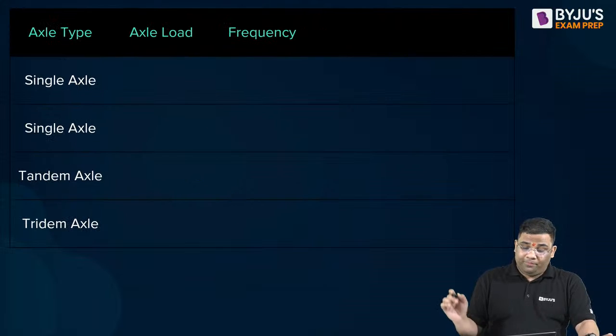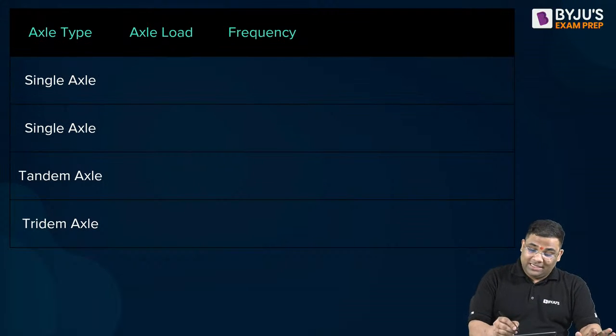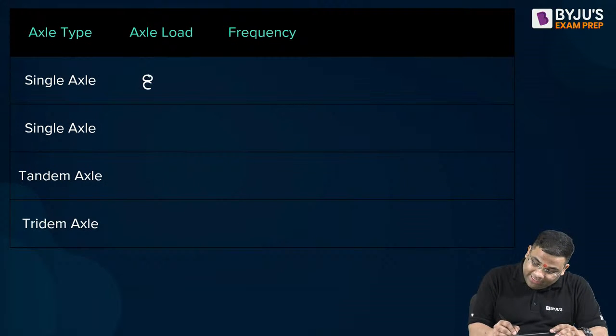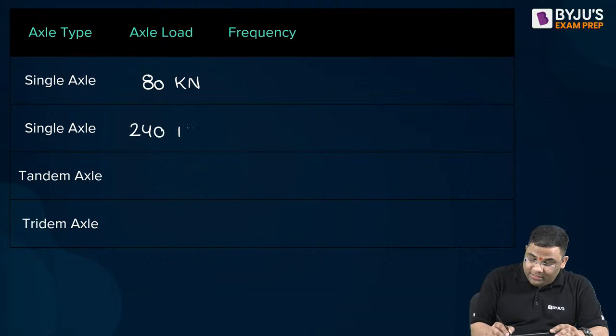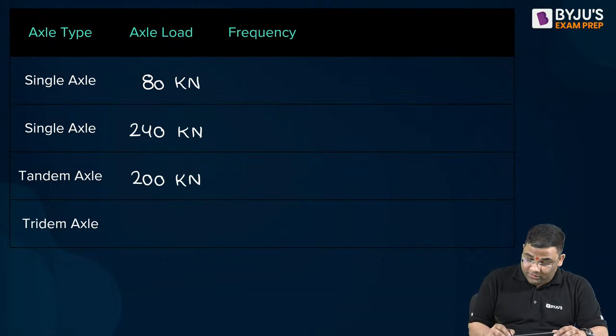Now if I give something like this: single axle 80 kilonewton, then 240 kilonewton, and we have a tandem axle, suppose 200 kilonewton, and a tridem axle, suppose 350 kilonewton.